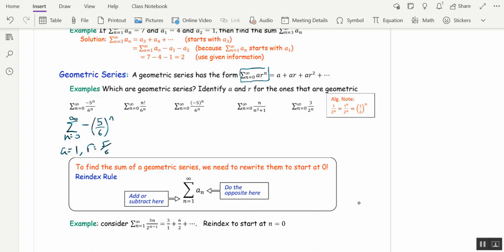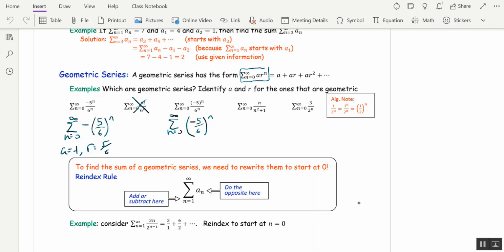So that is a geometric series. And we need to identify a and r in order to find the sum, and that's why we're going through that here. Next one, no, factorials aren't allowed. Next one, yes, this is geometric, but in order to determine a and r, we need to rewrite it. n equals 0 to infinity. Now the negative is being raised to the n, so this is the same as -5 over 6 all to the n.